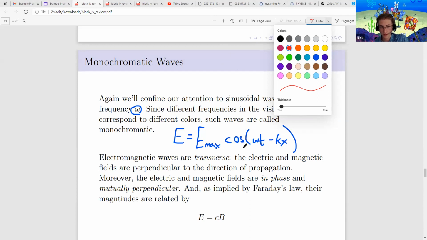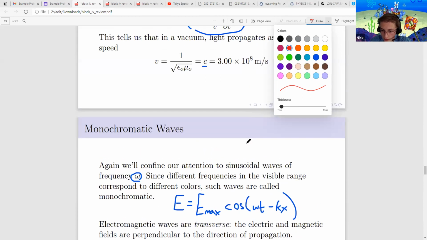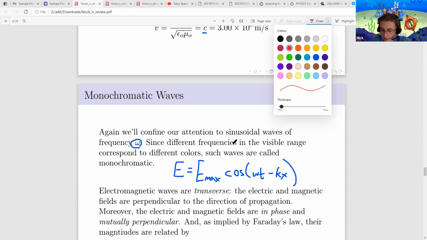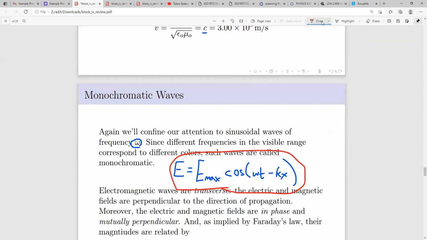So it doesn't matter too much whether we use sine or cosine. It's going to be the same wave overall. You can use sine or cosine in whatever problem they give you, unless they tell you the electric field at a certain point is given by this cosine function. Basically, the distinction there doesn't matter too terribly much.